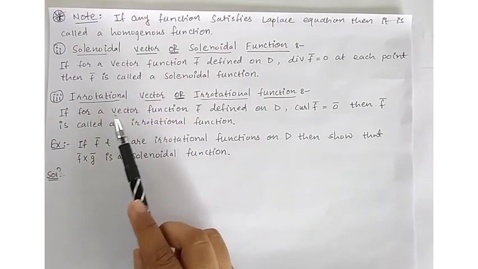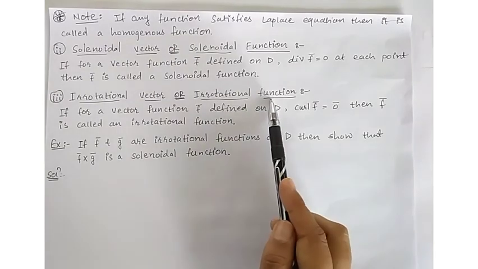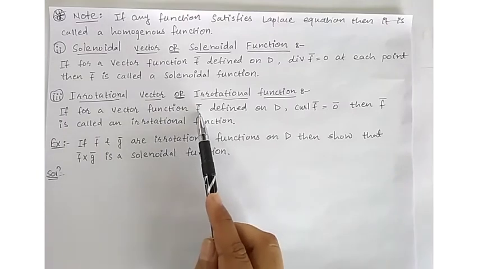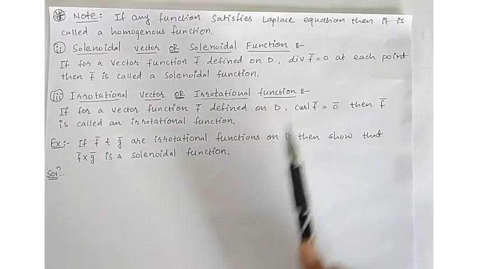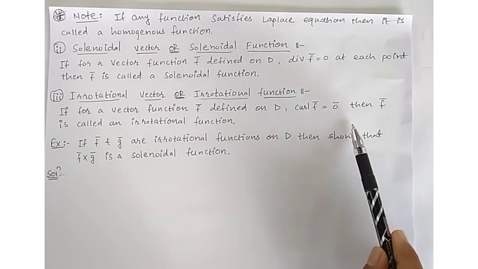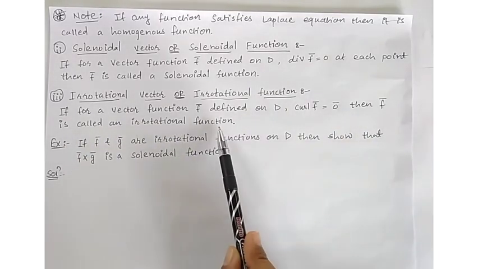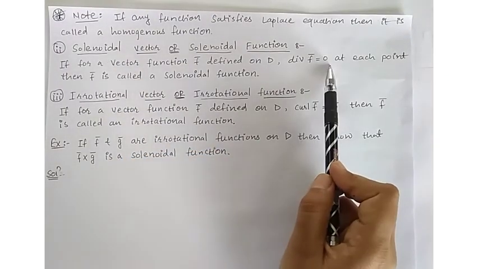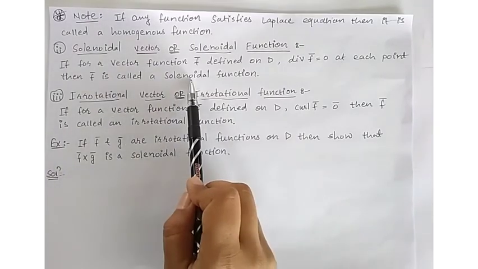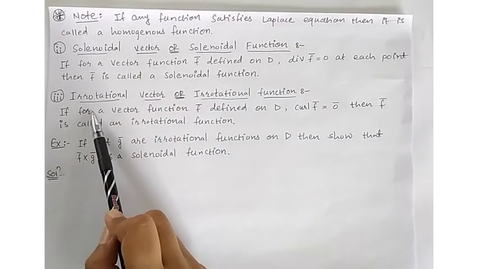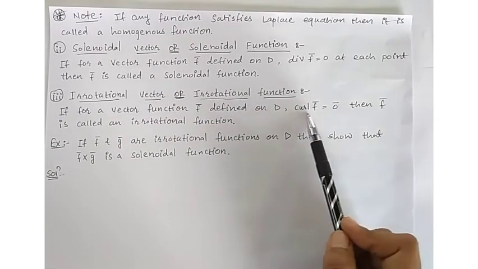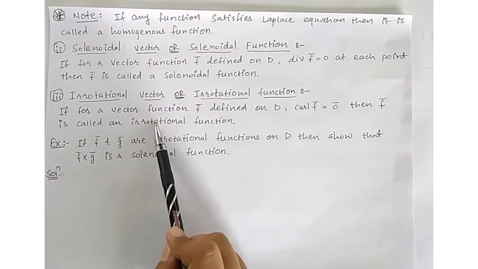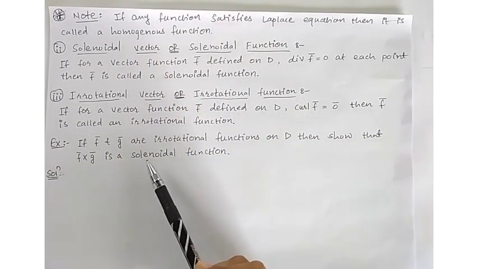The next definition is the irrotational vector or irrotational function. The definition is, if for a vector function f bar which is defined on domain D, curl f bar is 0, then f bar is called an irrotational function. So in solenoidal, the divergence of f bar is 0, but in an irrotational function or vector, the curl of the function is the 0 vector.